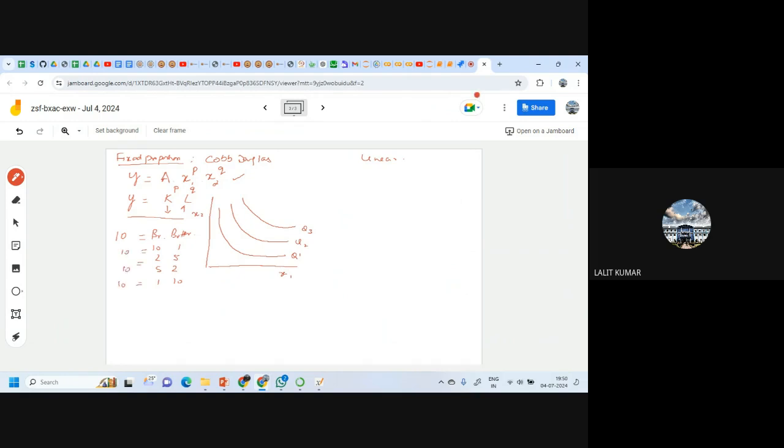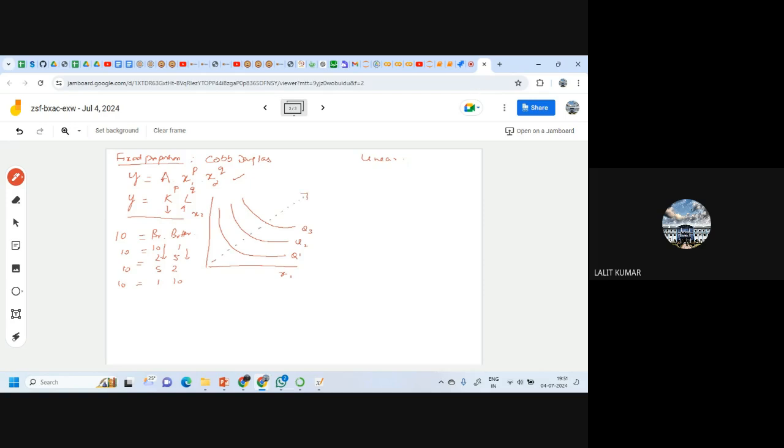So here we can see that as x1 decreases, x2 increases to keep the productivity constant.